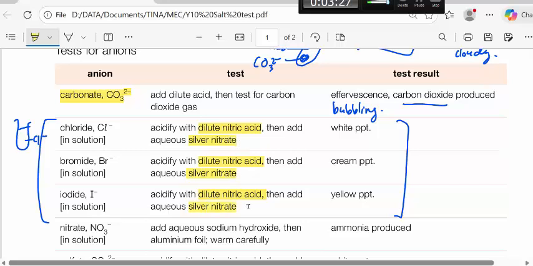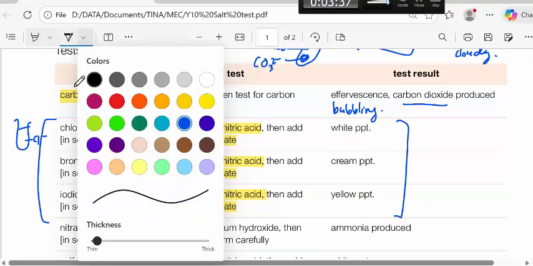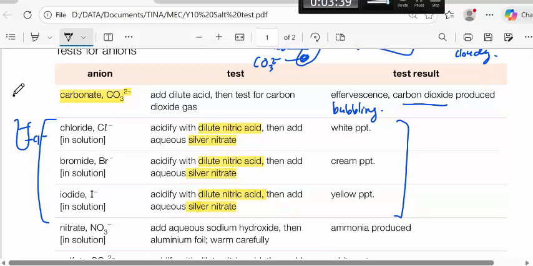So you see all three tests are the same. Can you tell me what silver chloride, silver bromide, and silver iodide have in common? They are all insoluble. I already told you that when soluble plus soluble suddenly mix together to become a solid.